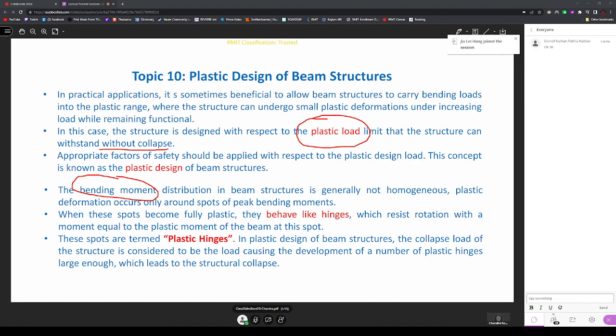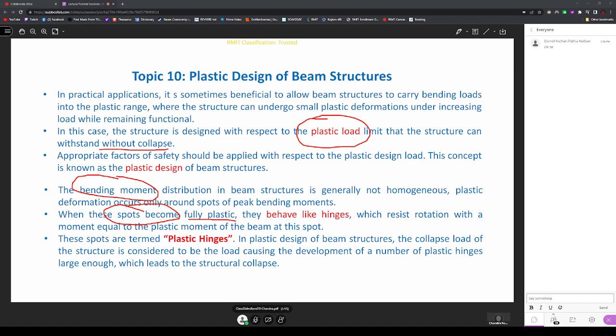Okay, so there are some parts of the structure that tend to be fully plastic. So when the bending moment is not uniformly distributed throughout the structure, at some points the structure tends to be fully plastic, and at some points the structure may not be fully plastic.